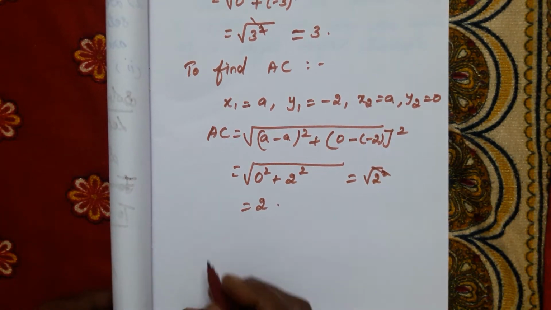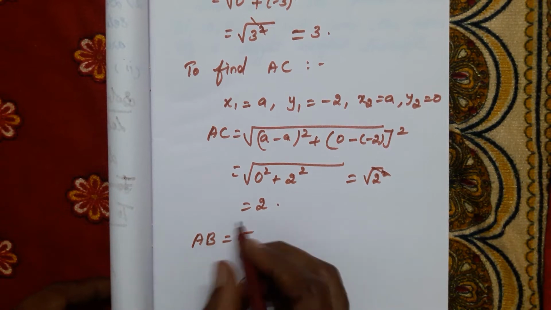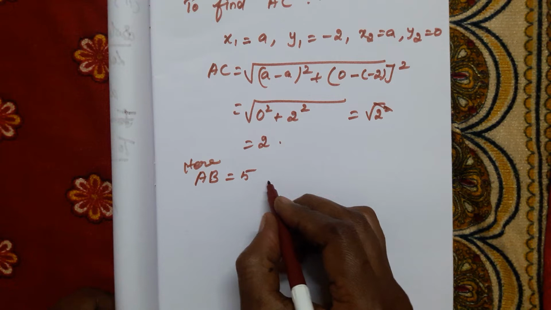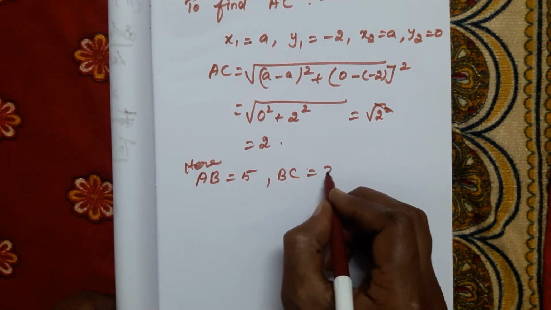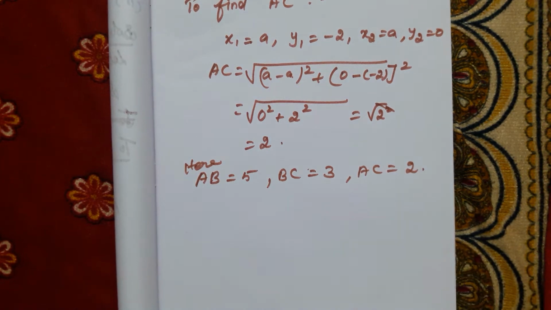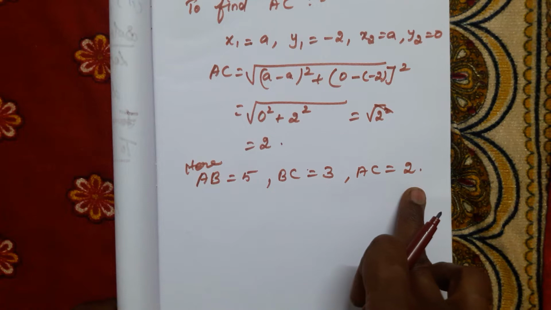Now what did we get? AB is equal to 5, BC is equal to 3, AC is equal to 2. Now please listen here. AB 5, BC 3, AC 2.